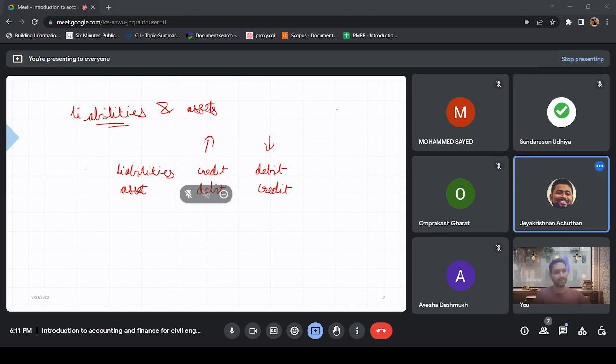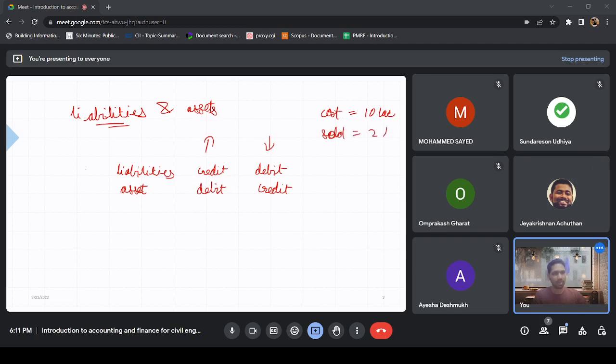Okay, let's repeat it. Company produced some goods of worth 10 lakh. The cost of these goods was 10 lakh. It sold these goods for 12 lakh. If you were to make an entry of this, what would have happened?